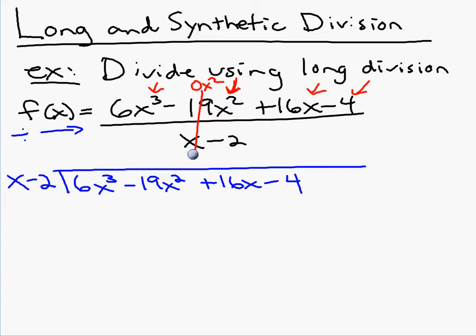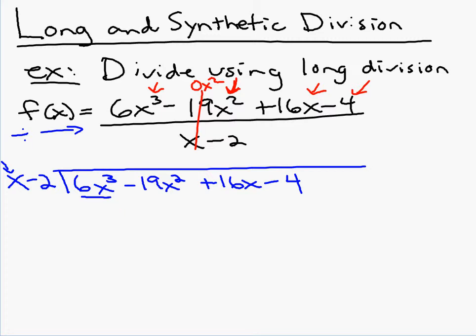So what do I do? Well, I start this by saying, what do I have to multiply x by to get 6x cubed? What would I have to multiply x by to get 6x cubed? 6x squared.